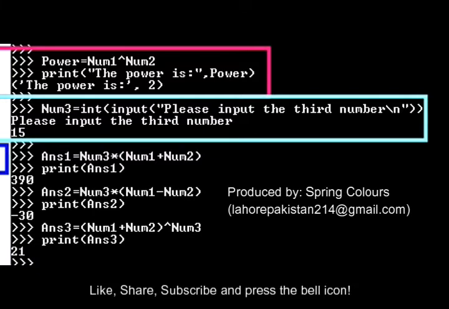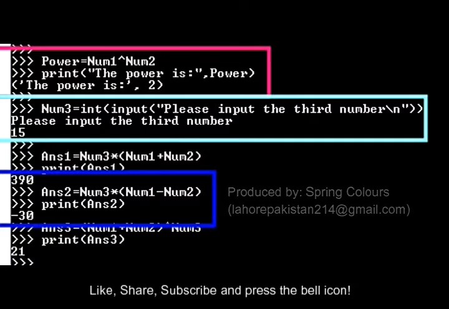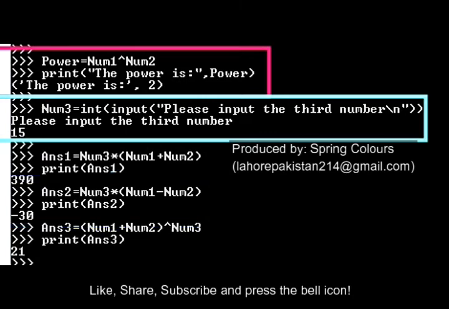First of all, you will write the first formula and save it into a variable named answer1, and you will print answer1. Then you will write the second formula and save it in a variable named answer2, and I have printed the answer of answer2 also on the screen.